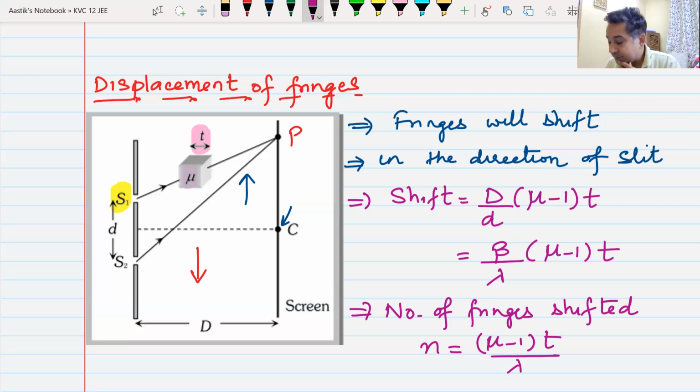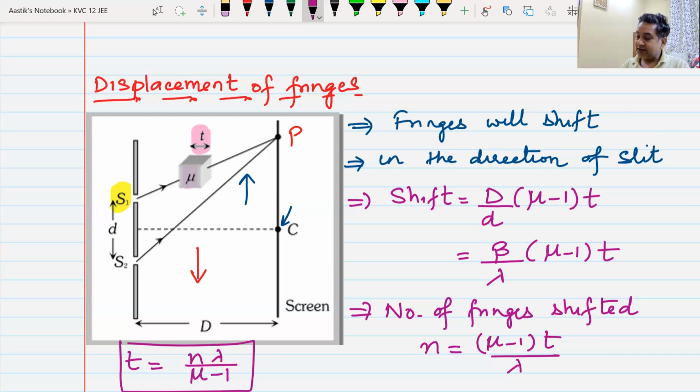Sometimes they give you the number of fringes shifted is 5. From there, you can find out either mu or t or lambda. Normally, they will ask you t, what is the thickness of the slab. So the formula for t becomes N lambda upon mu minus 1. Do we understand this? Yes, sir. I'll give you 2 minutes to note this down.